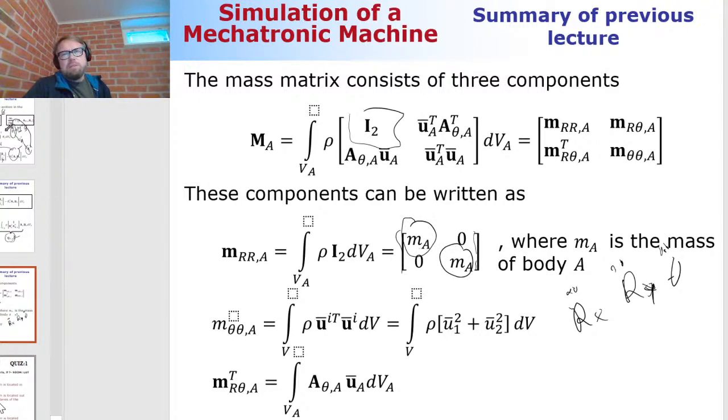The off-diagonal components of this submatrix are equal to 0, and it basically means that if the body is experiencing translational motion along the global x or the global y coordinate axis, only the mass of the body matters. And that's how it, of course, has to be. Then the one located here in the lower right corner is called the mass moment of inertia.